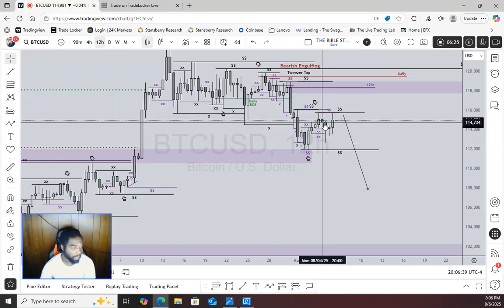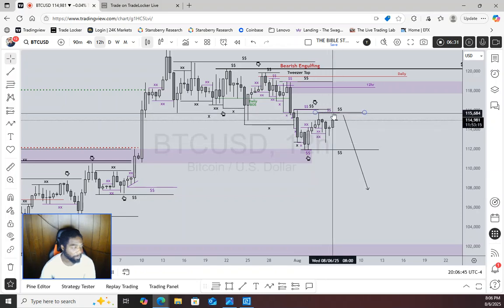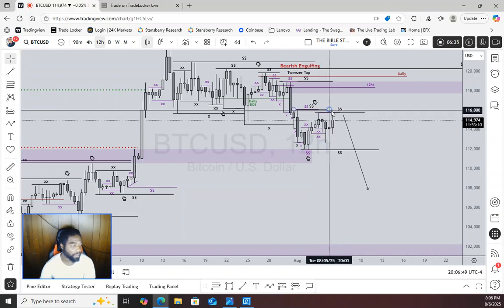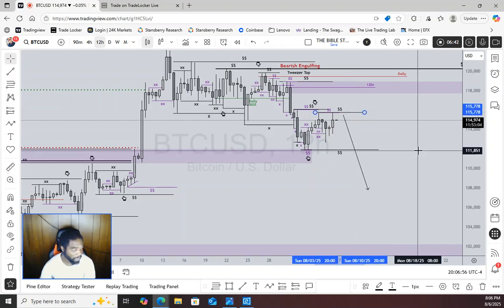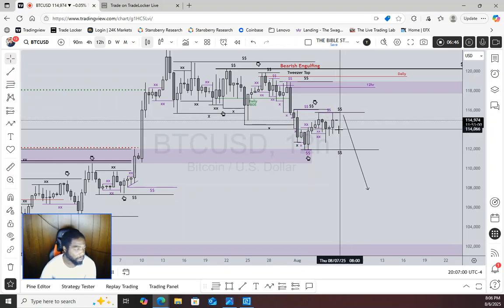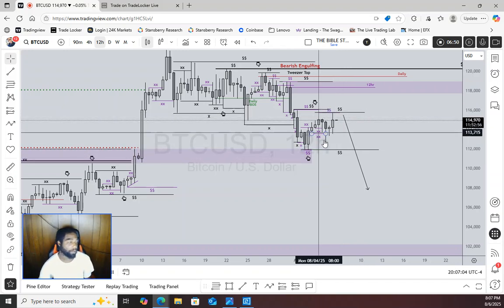Price established this high, came down, took these lows. Since price took those lows, we should see price come up to that high that took those lows. Price got here, established equal highs, which also established equal daily highs. And now, like I said, we can anticipate a continuation to the downside. We'll see. You know what I mean?